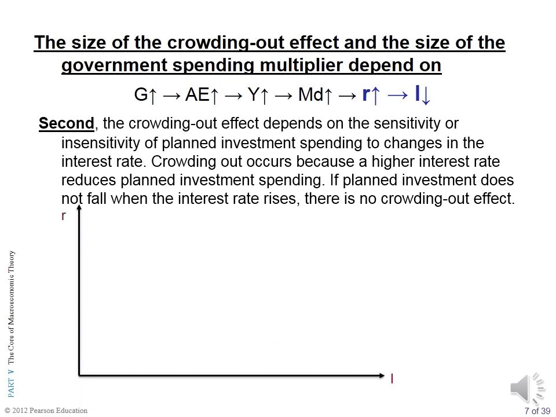Look with me, let's compare between an interest rate sensitive investment function and an insensitive one. We see this one is sensitive, elastic. Remember elasticity in the first term? This is an elastic investment function because we find it's flatter, its slope is small, which means it's elastic or sensitive to change in interest rate.